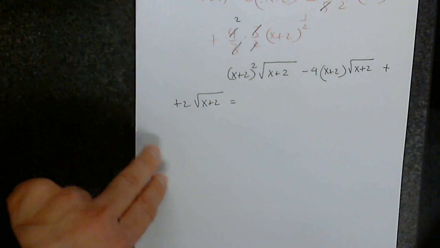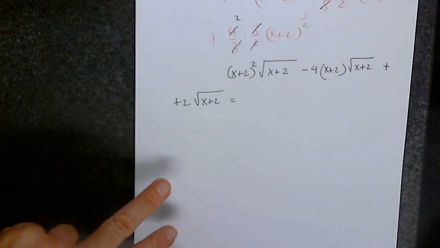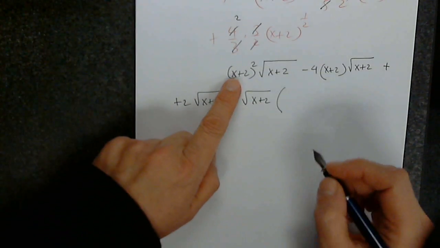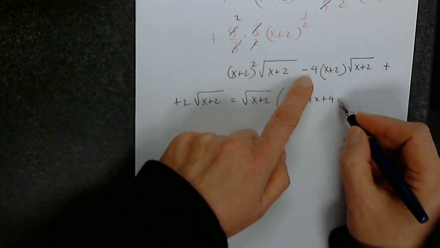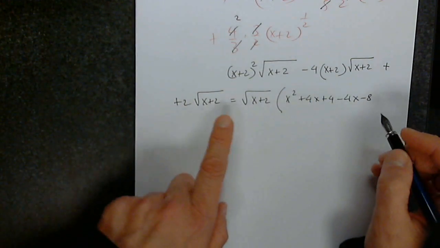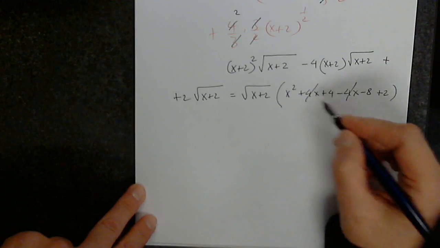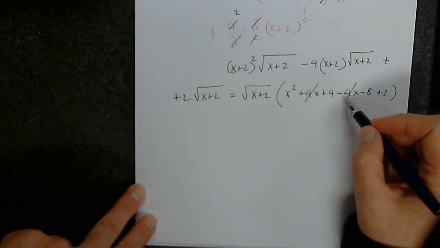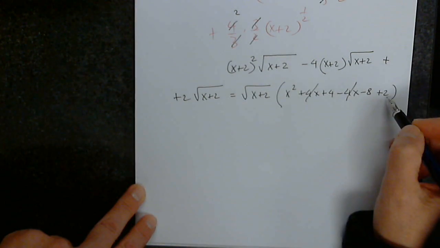I will factor out the greatest common factor of these three, which is the square root of x plus 2. Now this is x squared plus 4x plus 4. This is minus 4x minus 8, and this is plus 2. No, someone did math right.